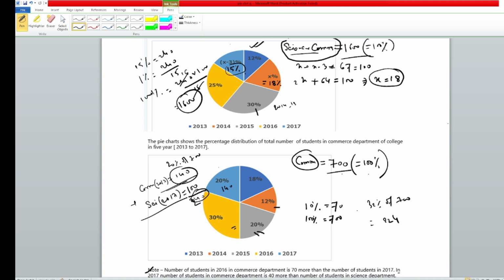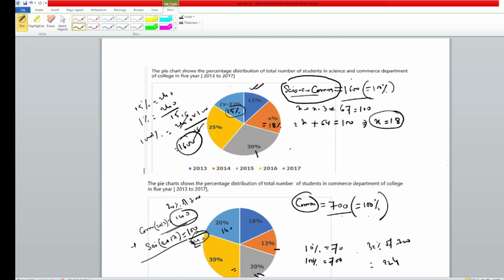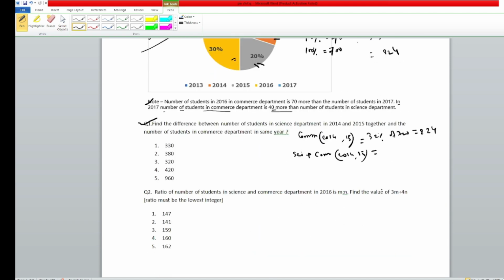For 2014 and 15, it will be 48%. You can clearly see 48%. So let's find 48% of the total number of students, which is 1600.